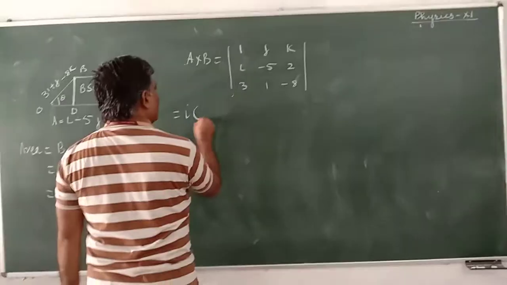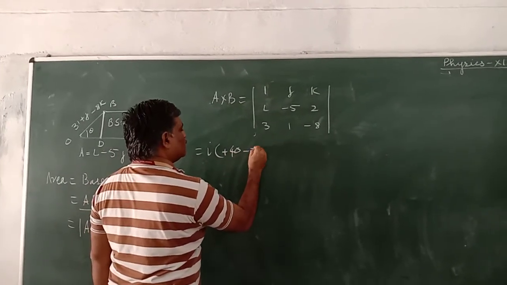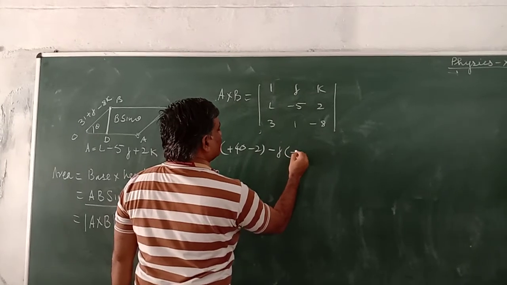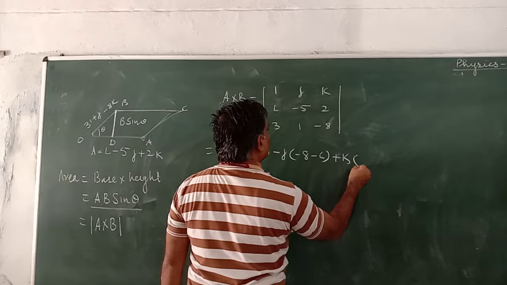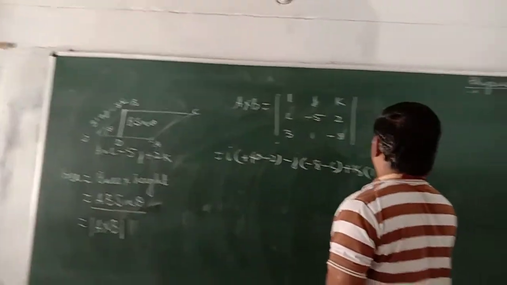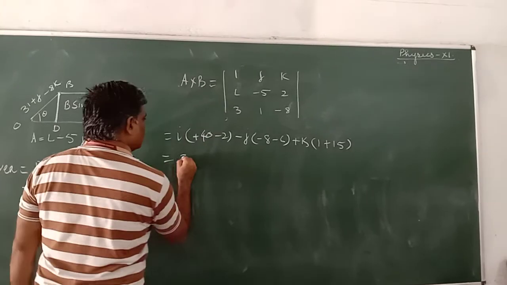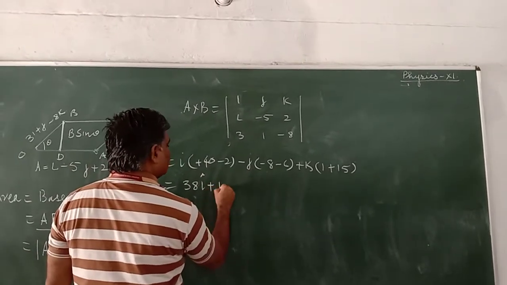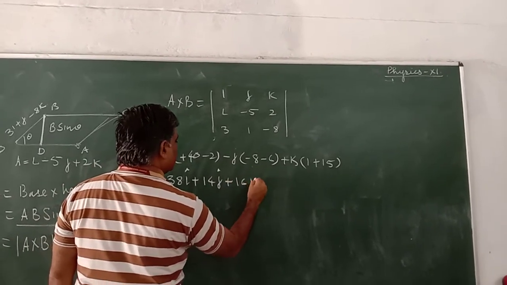Which is equal to i times (40 minus 2), minus j times (minus 8 minus 6), plus k times (1 plus 15), which becomes 38i plus 14j plus 16k.